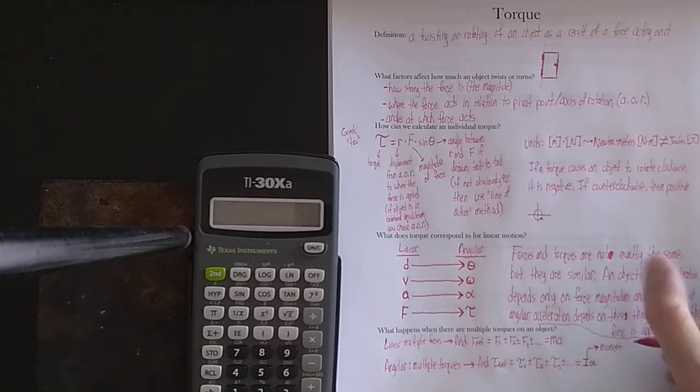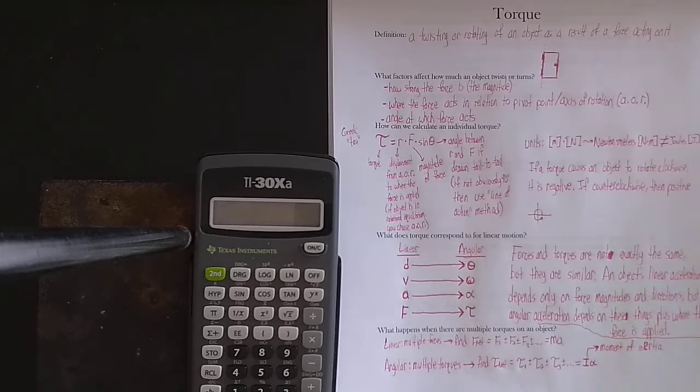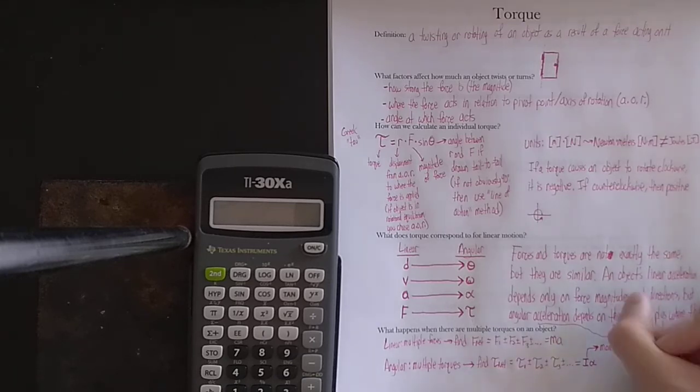I prefer the term moment of inertia. The moment of inertia. But you might also hear rotational inertia. The definition of rotational inertia, or moment of inertia, is how hard it is to rotate something.